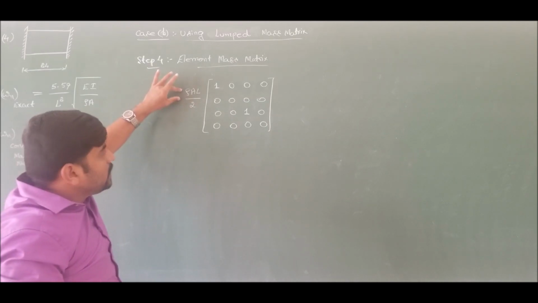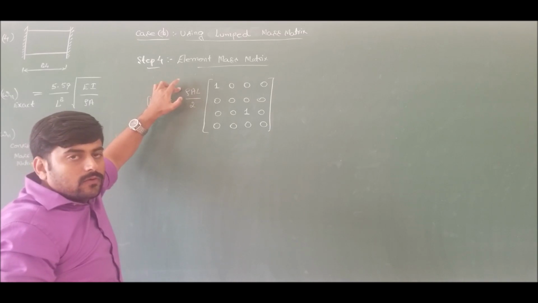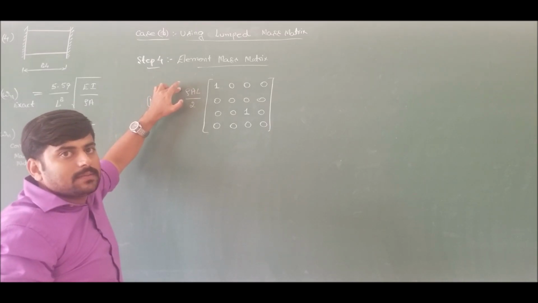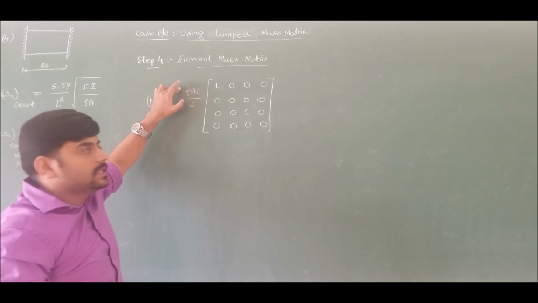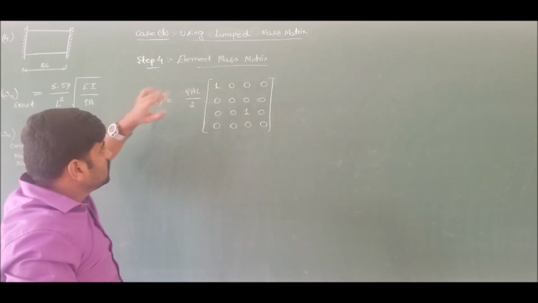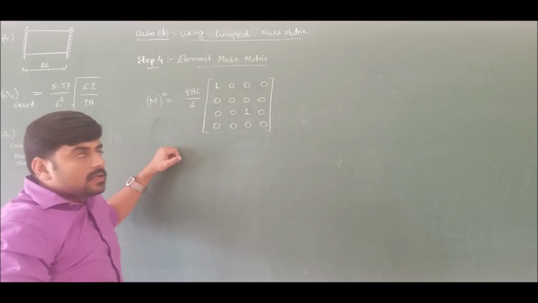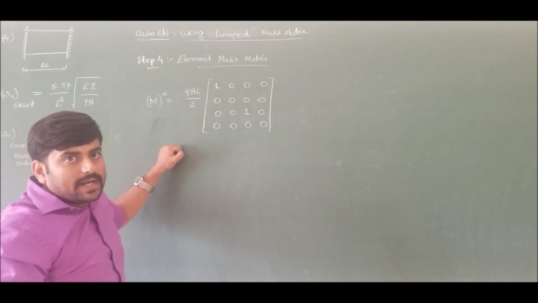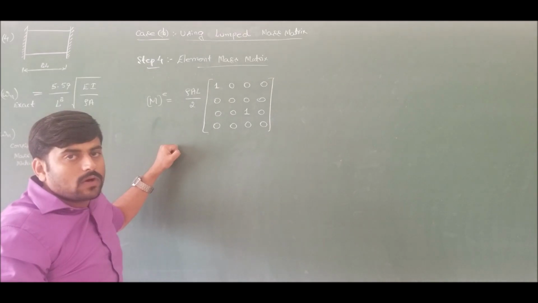Now the values of rho A L for element 1 and element 2 remain the same, which are nothing but the mass density, cross section area and length. So therefore this itself is the element mass matrix for element 1 as well as for element 2.